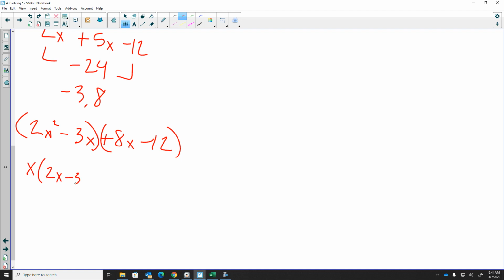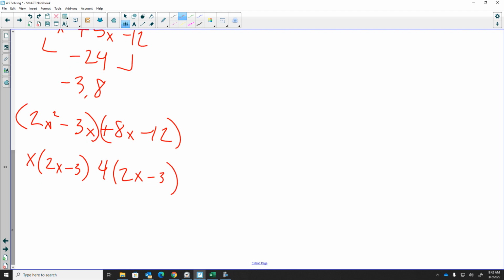What can you take out of this part? 4. 8 divided by 4 is 2x. Negative 12 divided by 4, negative 3. Wow, they match. So it is 2x minus 3 times x plus 4.